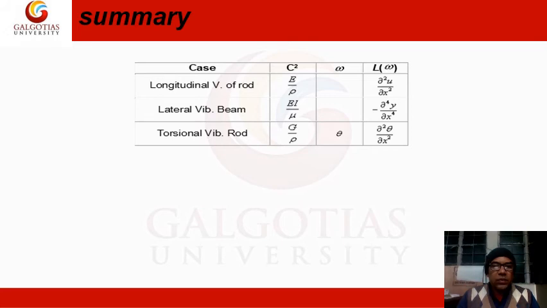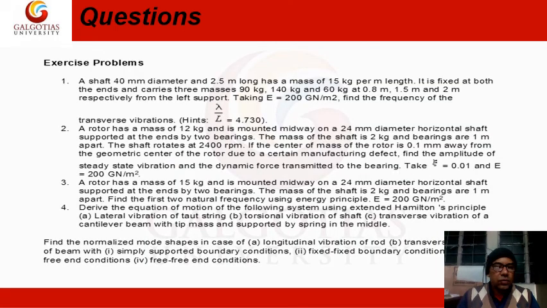For the transverse vibration of beam, C square will be EI upon mu, and L will be minus d4y upon dx4. For the torsional vibration of rod, C square will be G upon rho, the omega will be theta, and L will be d2 theta by dx2. These are the questions.